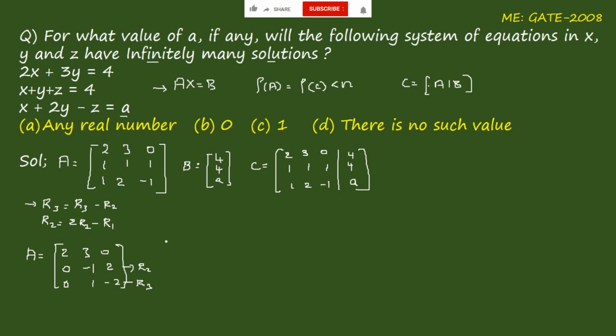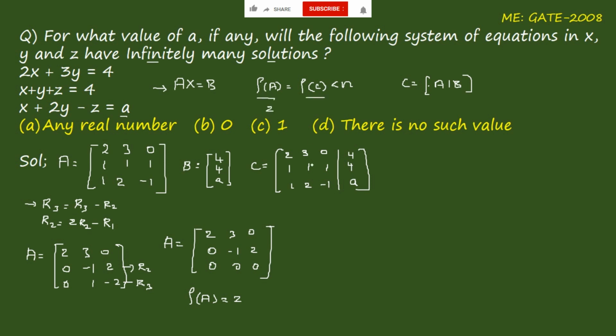So the rank of A is 2, 3, 0, 0, minus 1, 2, and 0, 0, 0, right? From this one we can see that the rank of A is equal to 2. So here we got the rank of A as 2.